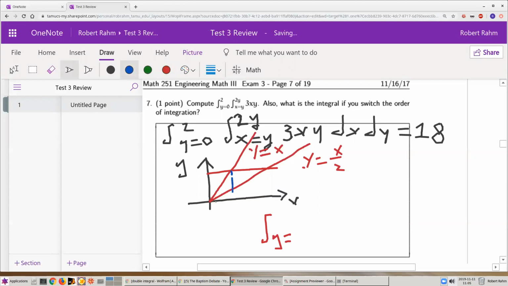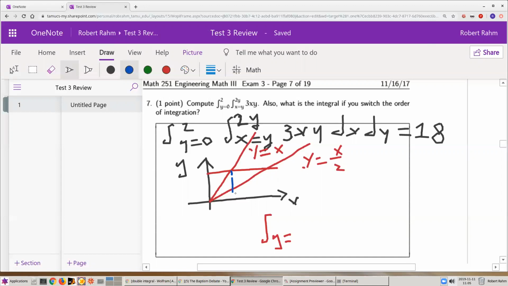To the left of this blue line, we're going to go from the line y equals x over 2 to the line y equals x. And to the right of this blue line, we're going to integrate from y equals x over 2 to y equals 2. So we're going to have to split up this problem into two different pieces depending on where x is.